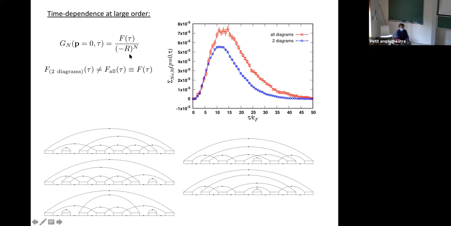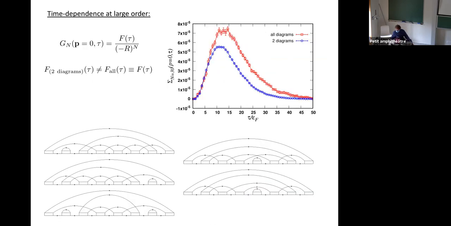And we were hoping to find a simple class of diagrams which would allow us to explain the full behavior at large order, meaning that we would also understand where this function f of tau is coming from. But again, we failed. We tried a few options which seemed plausible, but we did not find a simple class that would have the same large order behavior as the full series.